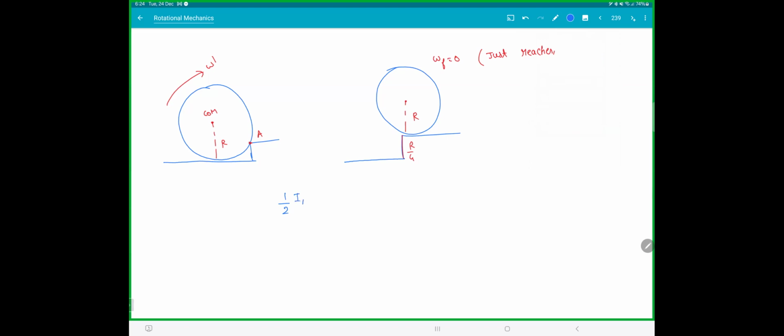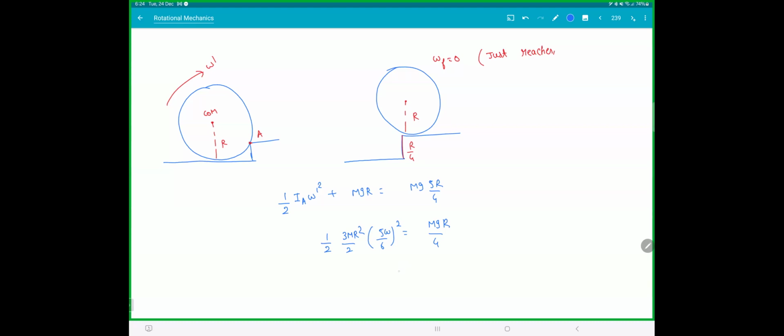So half I_A omega dash square plus mgR became mg 5R by 4. Half I_A is 3mR square by 2, and omega dash is 5 omega by 6, whole square. This would be mgR by 4.